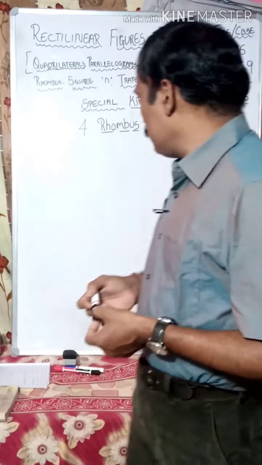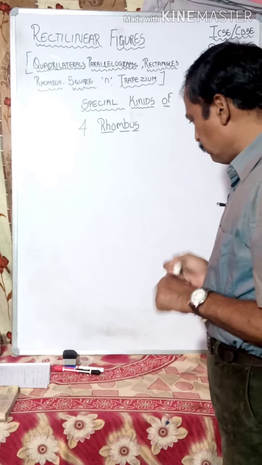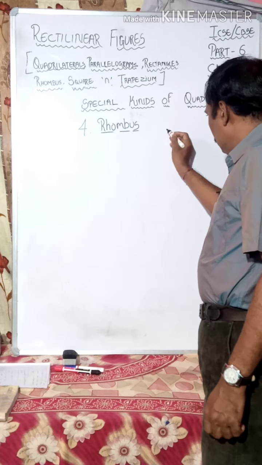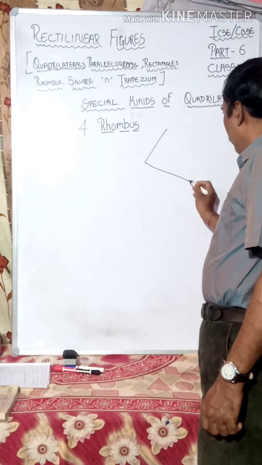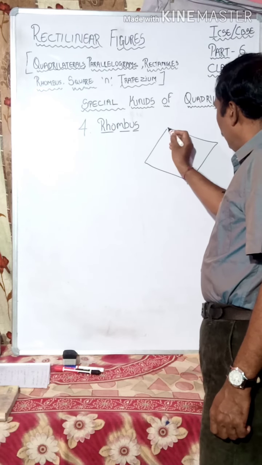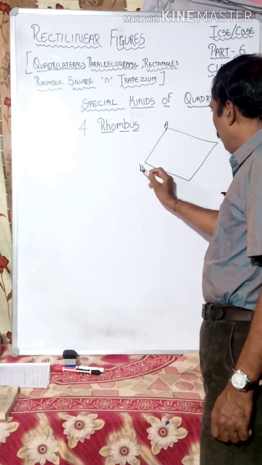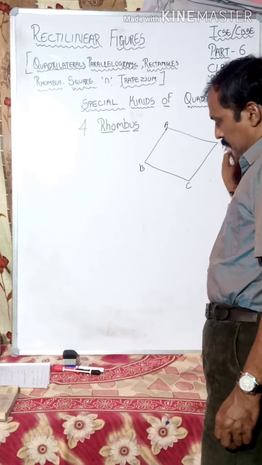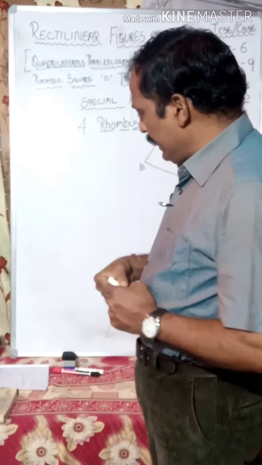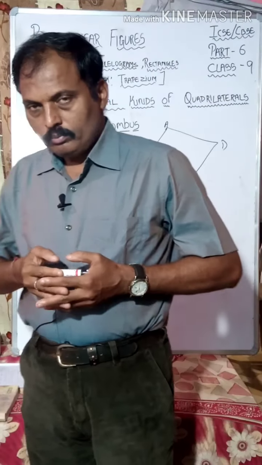What is a rhombus? This is a rhombus, ABCD. ABCD is a rhombus.